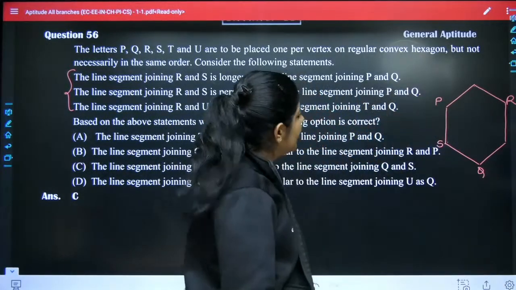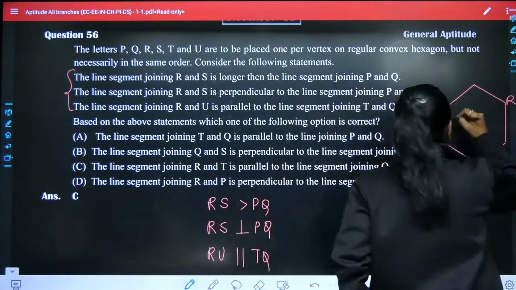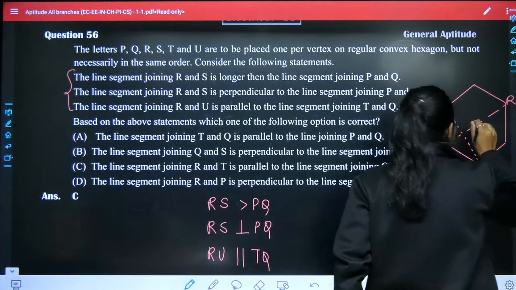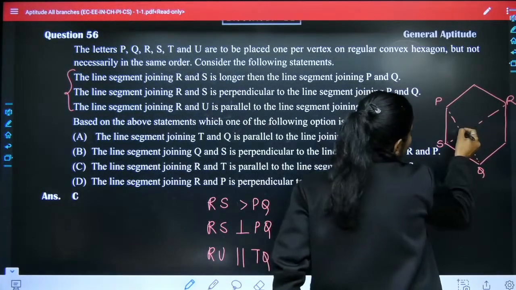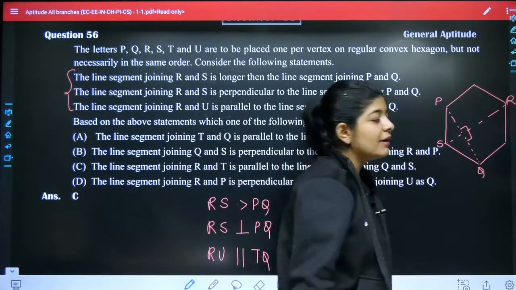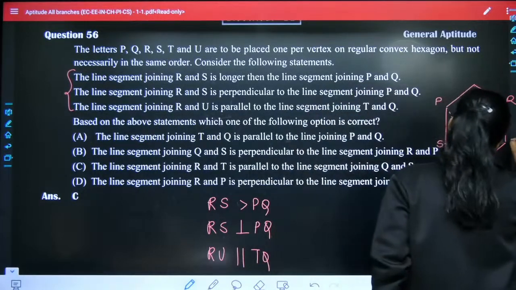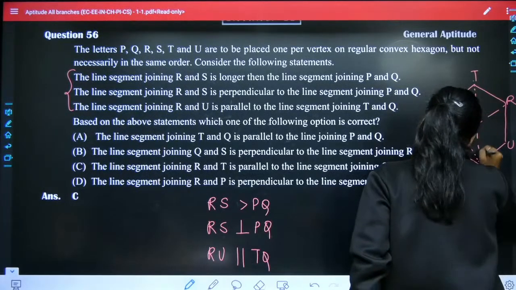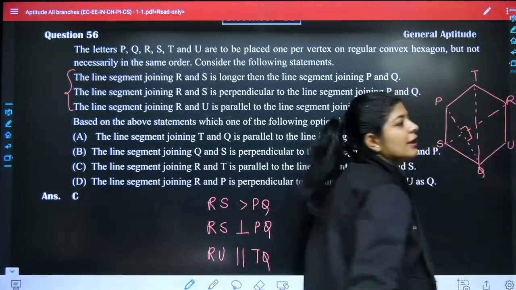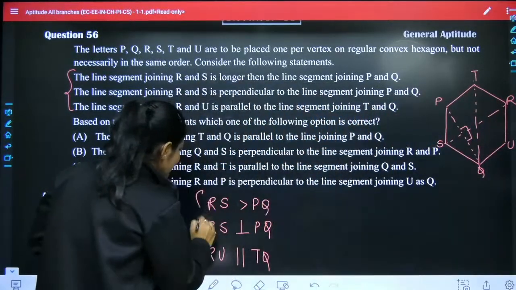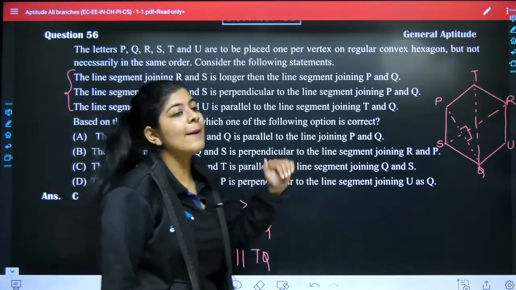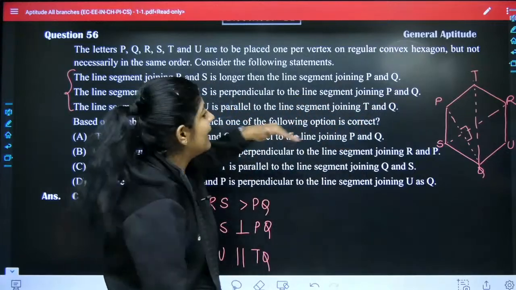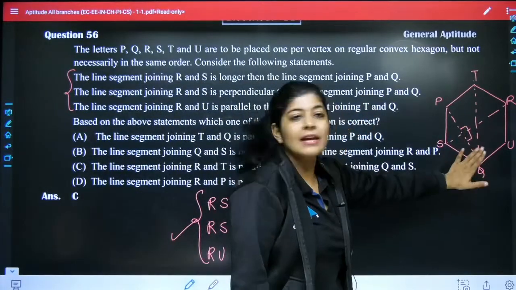This is the longest distance and this is shorter, longer than PQ, and the perpendicular condition is also satisfied. Now RU and TQ, this RU is parallel to TQ. Now all these 3 conditions are satisfied. So the arrangement of these 6 letters is equal to this.